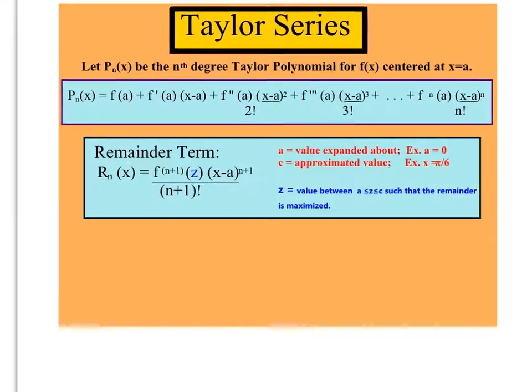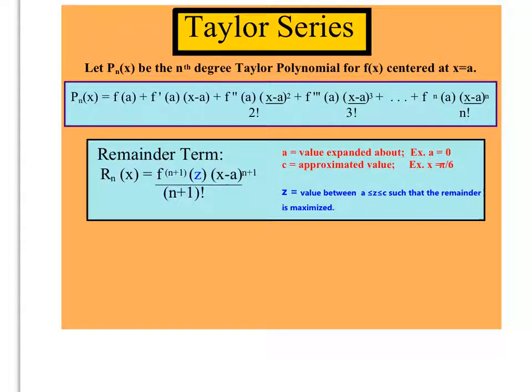All right, this slide is kind of busy. But let P sub n of x be the nth degree Taylor polynomial for f of x centered at a, right? So this right here should look very familiar. Nth degree polynomial, that's its highest degree. So how do we then come up with how far off that is?